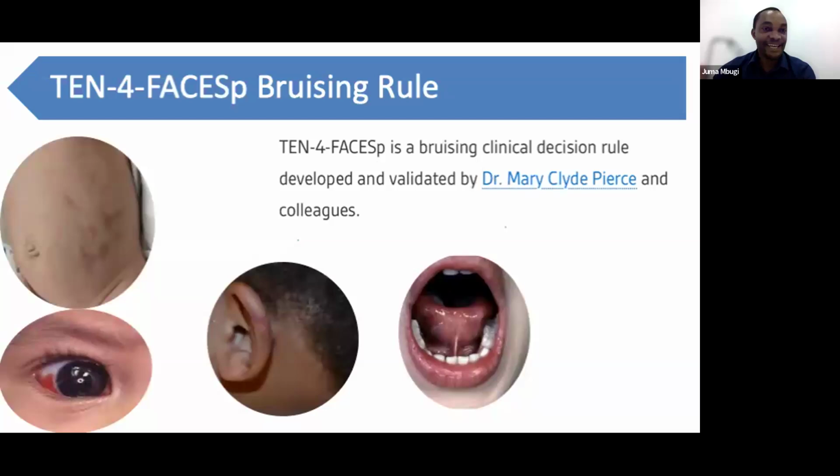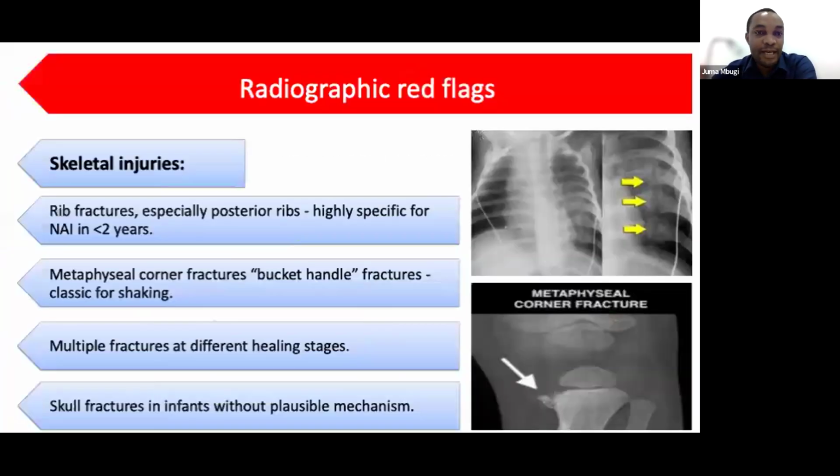so the 10-4 faces P bruising rule, we can see some of the bruising on the torso, subconjunctiva, ears, and the frenulum. And apart from that, we have radiographic red flags, which involve skeletal injuries. Mostly infants will present with rib fractures, especially posterior ribs.